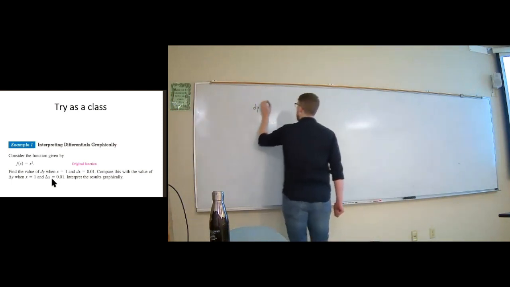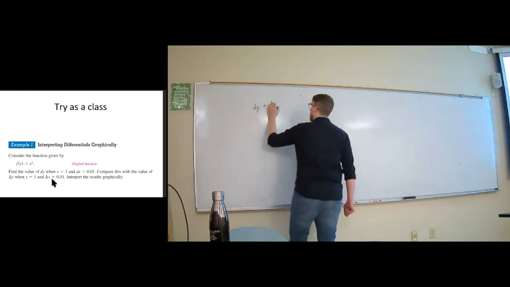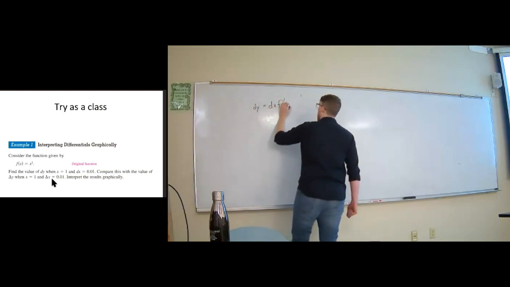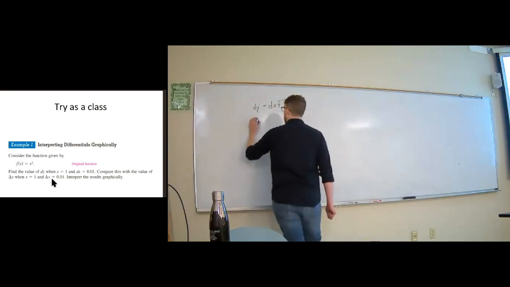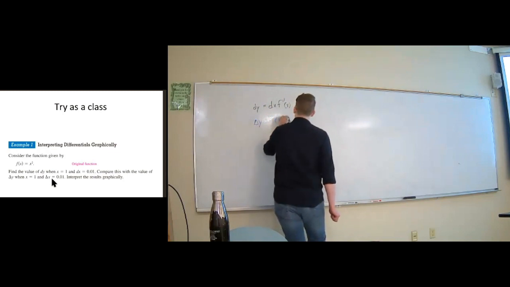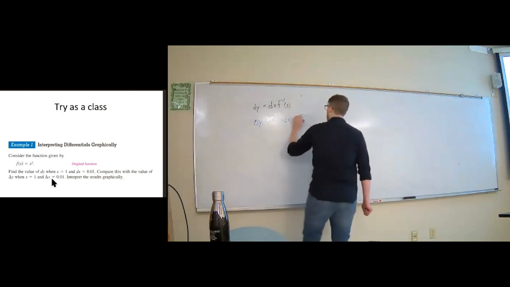dy is equal to dx f prime of x. Delta y is equal to f of x plus delta x minus f of x.